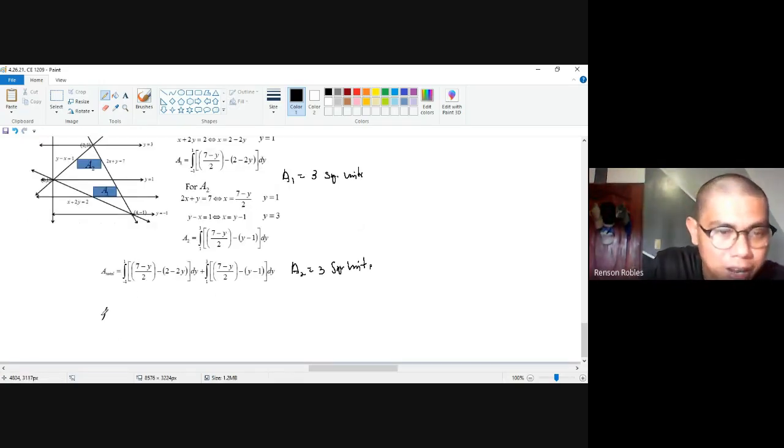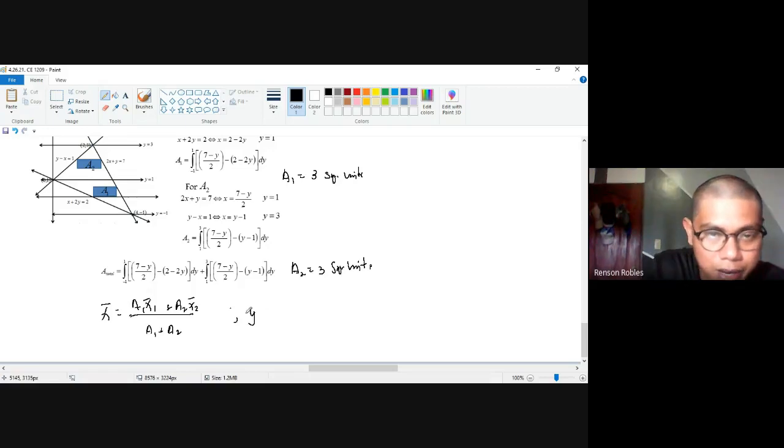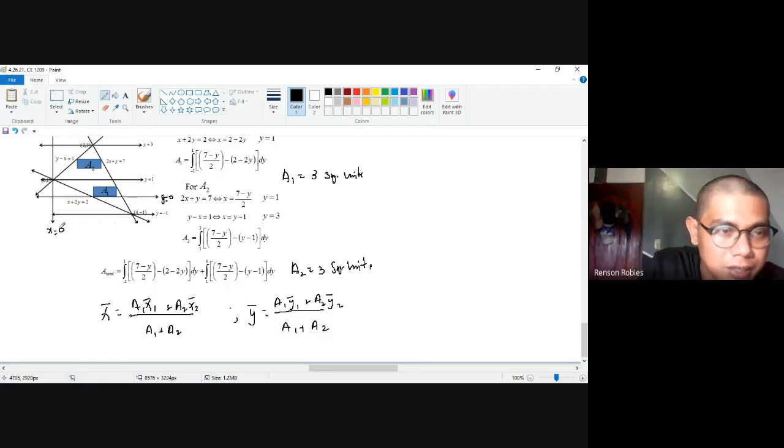So, therefore, bar X is equal to A1 bar X1 plus A2 bar X2 all over A1 plus A2. And then, bar Y is A1 bar Y1 plus A2 bar Y2 all over A1 plus A2.